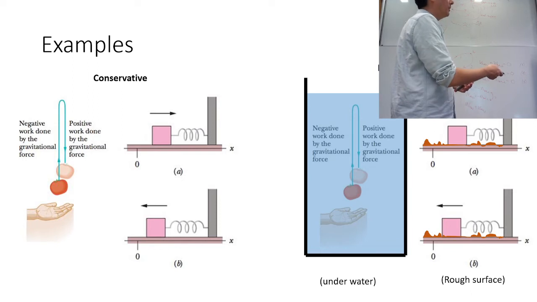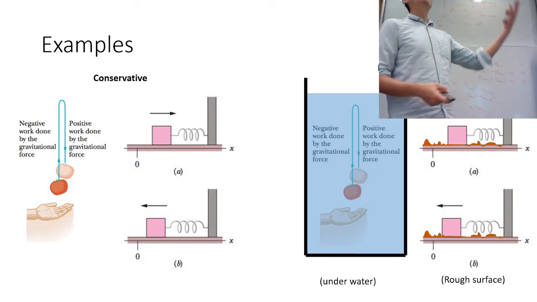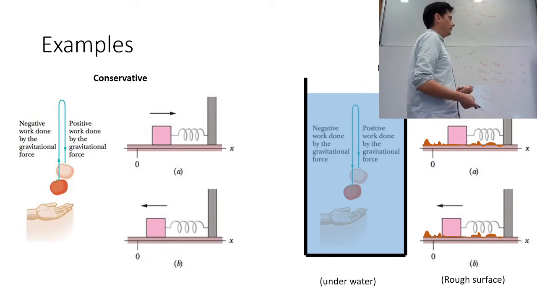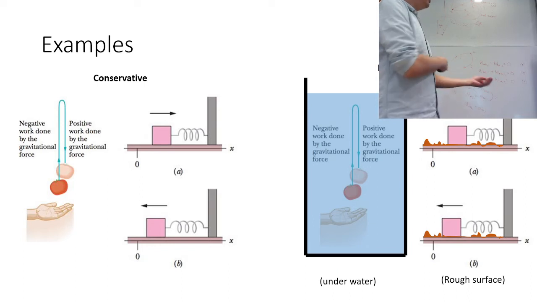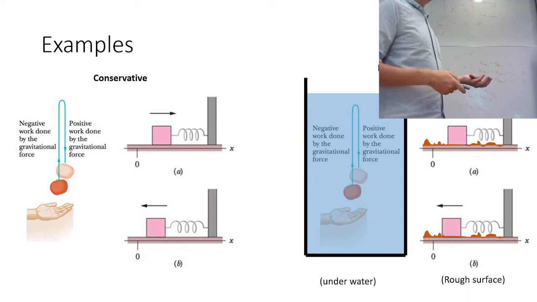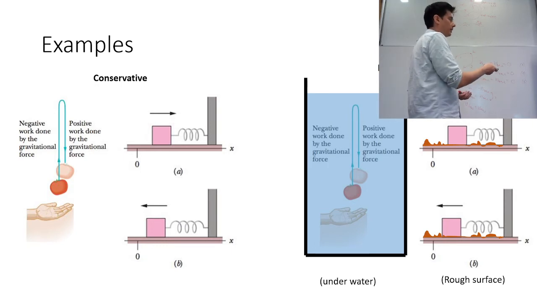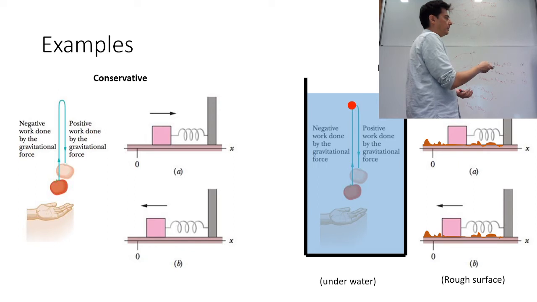So for example, if you threw up the apple, tomato, in water, this is a pretty clear example that the work done by the gravitational force going here is simply not going to be the same as coming back. It's actually not really the gravitational force.